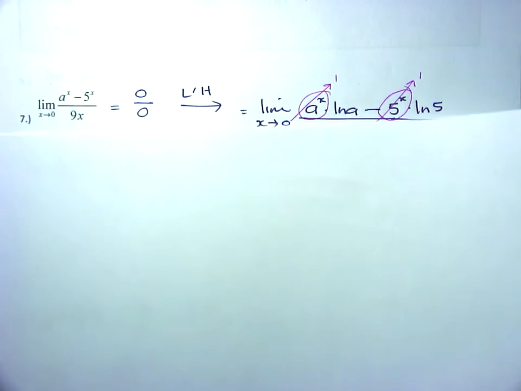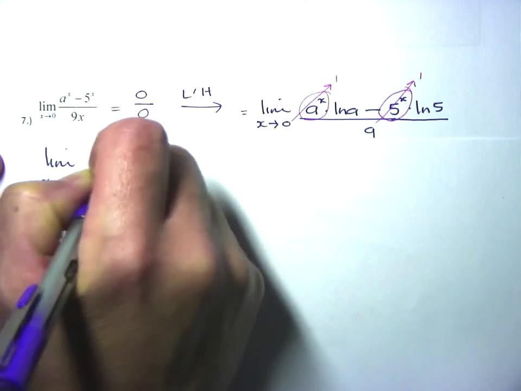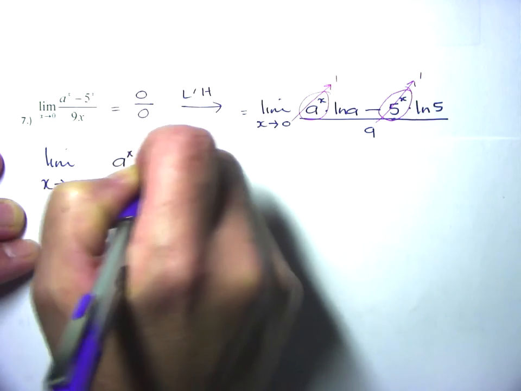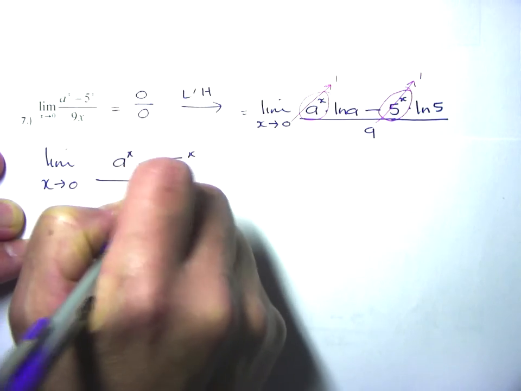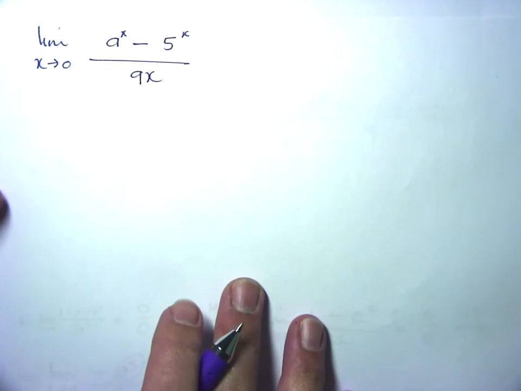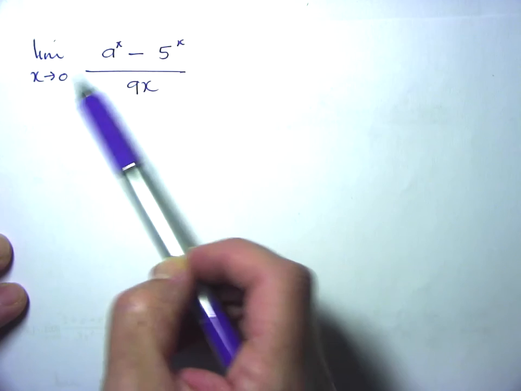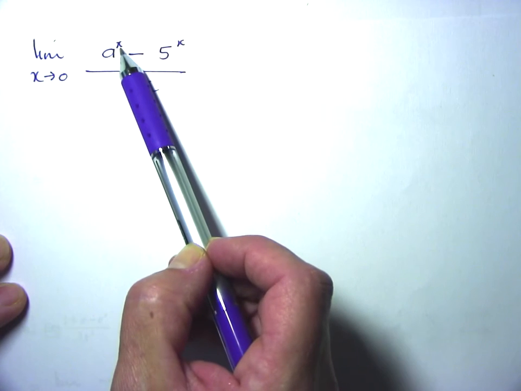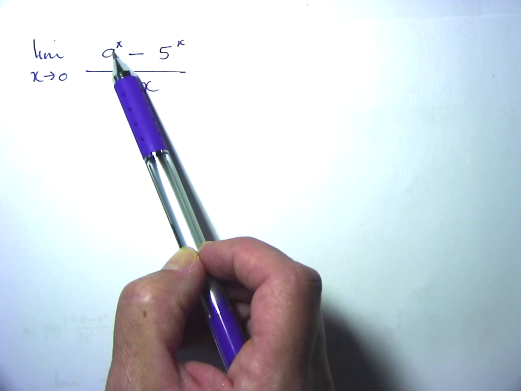All right, so back to the problem then. The limit as x approaches 0 of a to the power x minus 5 to the power x, divided by 9x. If you plug 0 in there, a to the power 0 is equal to? Anything to the power 0 is equal to 1.